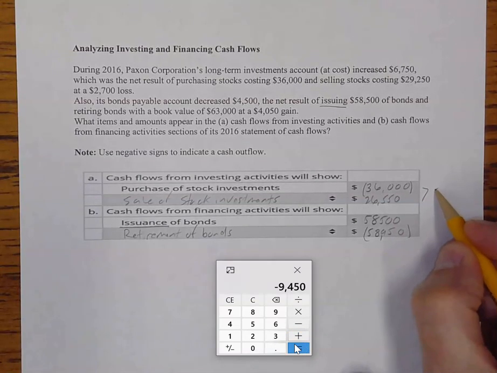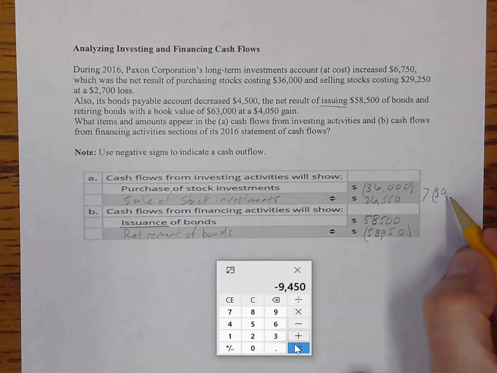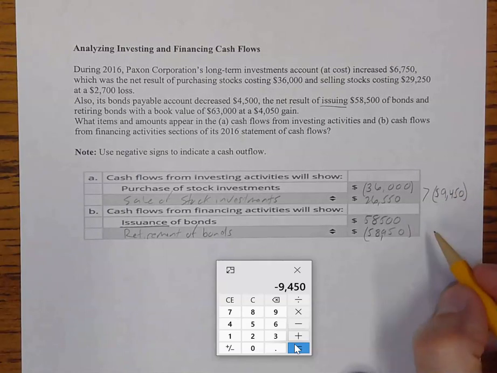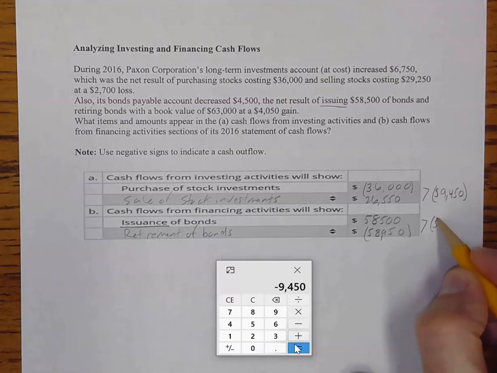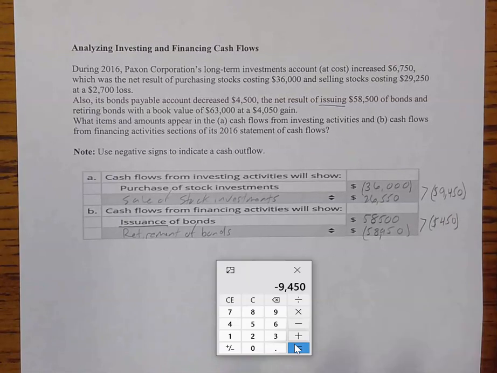With regard to our investing activities, we had net cash outflows of $9,450, and with our financing activities, it looks like we had net cash outflows of $450.